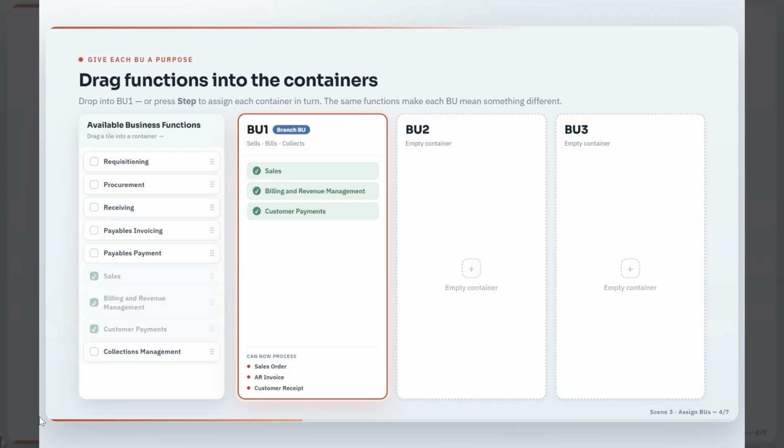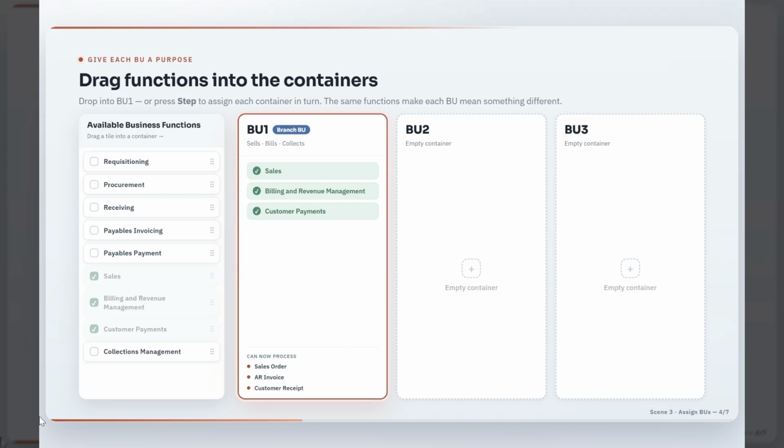But please notice the direction of the logic. BU1 did not become a branch simply because it was called a business unit. We first examined how the branch operates, assigned the required functions, and then used the label branch BU to describe that design.